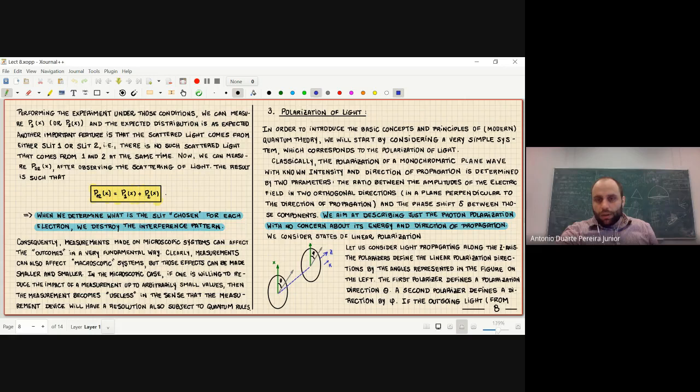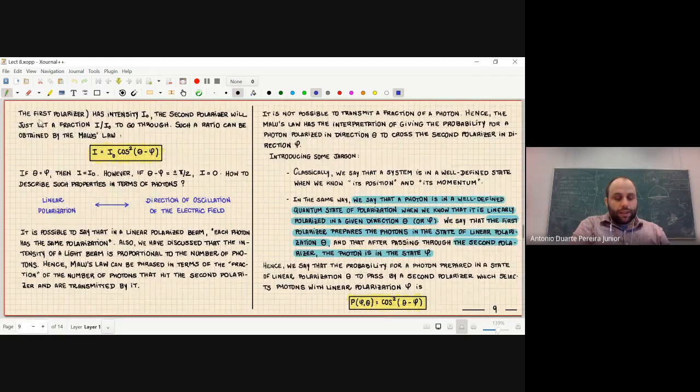Eugene asked, what is the intensity of light passing? Okay, so light that is coming here has some intensity I prime that I don't know, okay? So the intensity that matters is the intensity after the first polarizer, which is I naught, and the intensity after the second polarizer, which is I, okay?